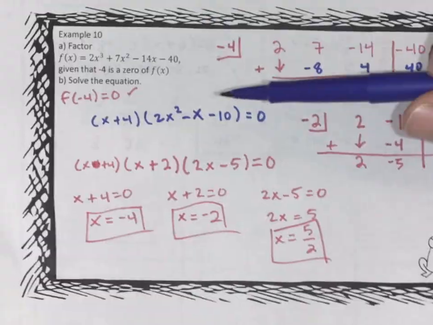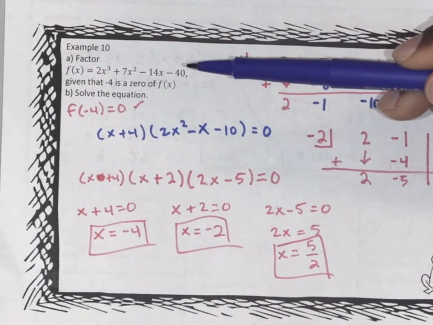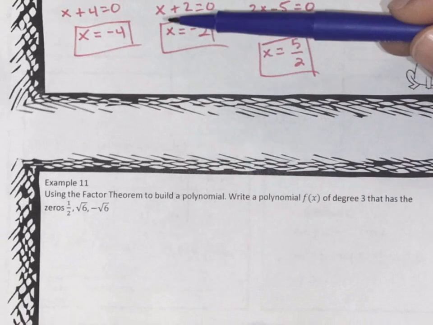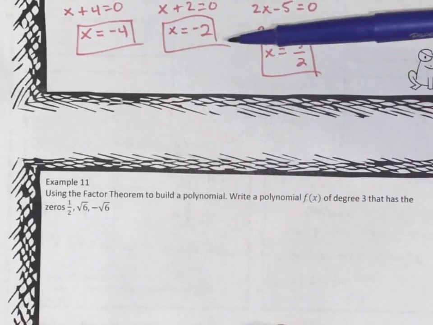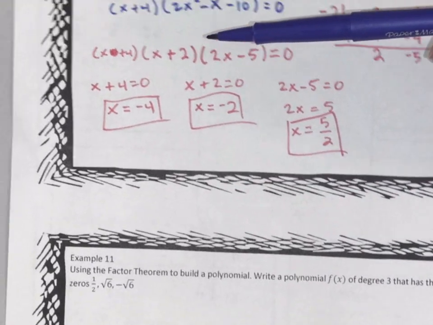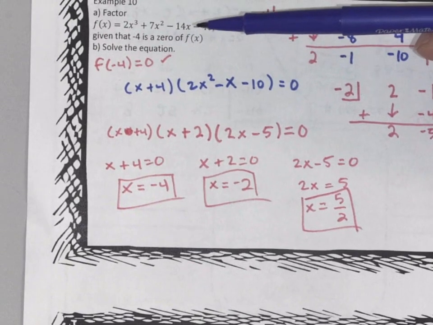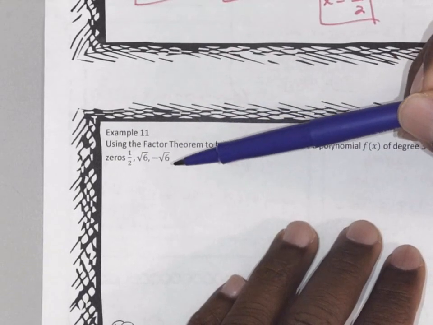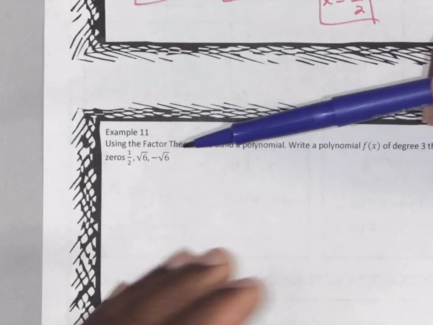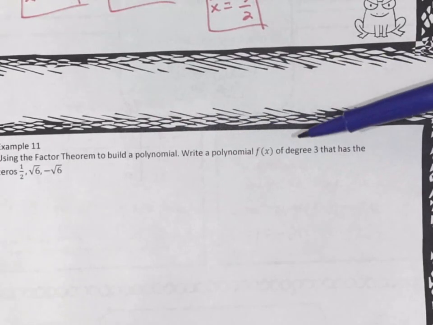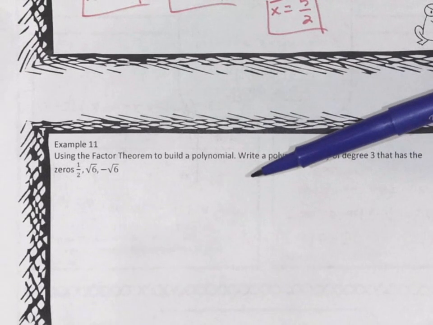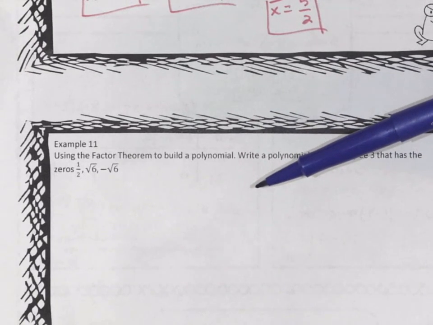A polynomial. We are starting with the zeros and want to go backwards and make a polynomial that we know will have these three answers. The simple fact that it tells me the degree is 3 lets me know I should start off with 3 zeros.